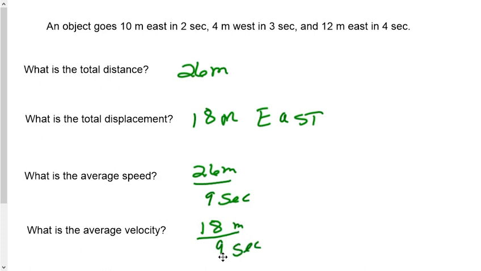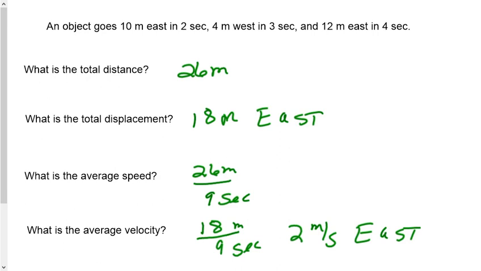I see that that's going to be 2 meters per second. When I get done with that, I'll write east, because I have to associate a direction with that. When I divide this one out, I don't have to write anything associated with that at all. So that's our difference between velocity, displacement, and corresponding speed and distance.